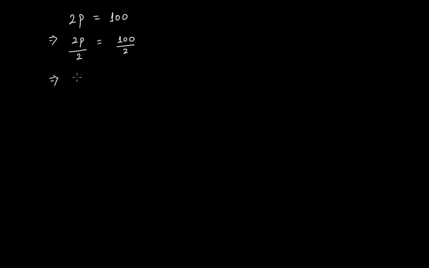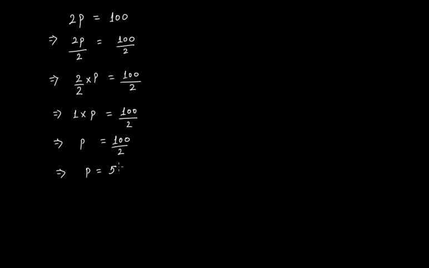It can be written as 2 divided by 2 times p, equal to 100 over 2. And if you divide 2 by 2, you'll get 1. So this is 1 times p is equal to 100 divided by 2, and this is p equals 50, right? So the value of p is 50.